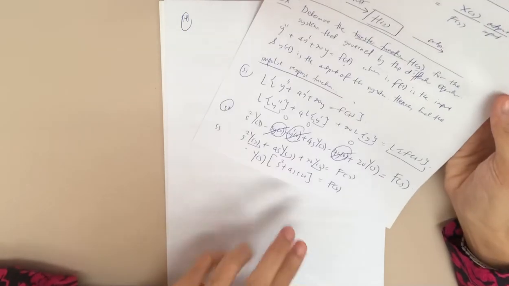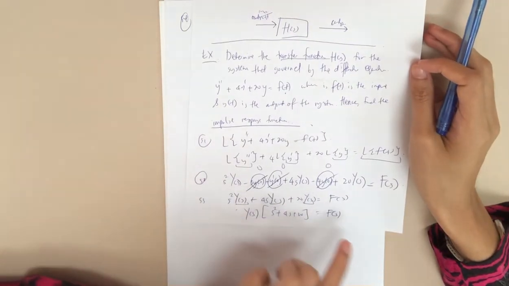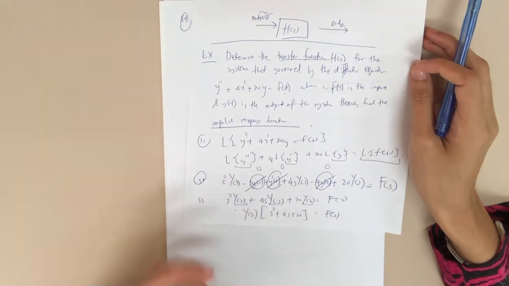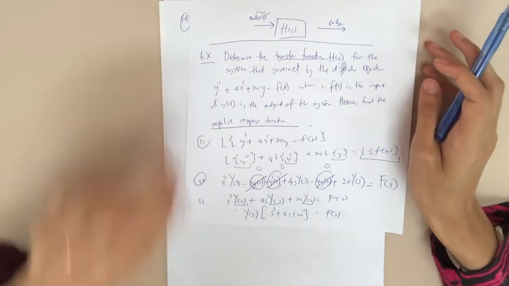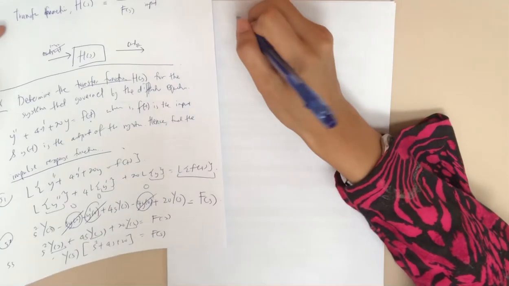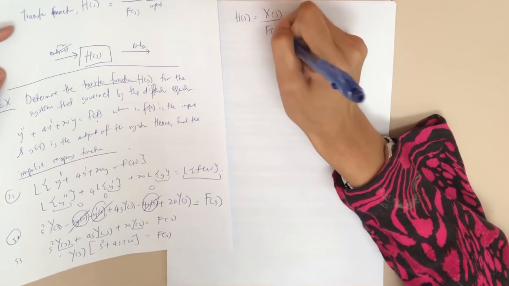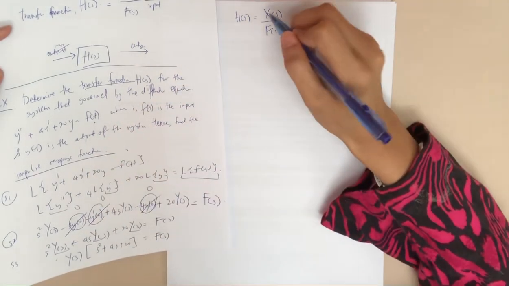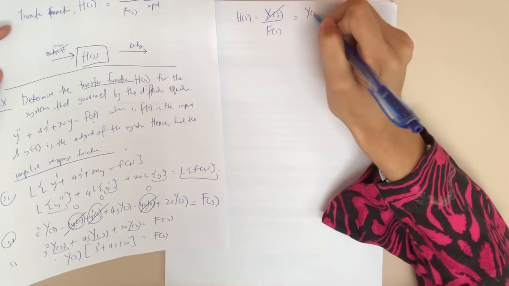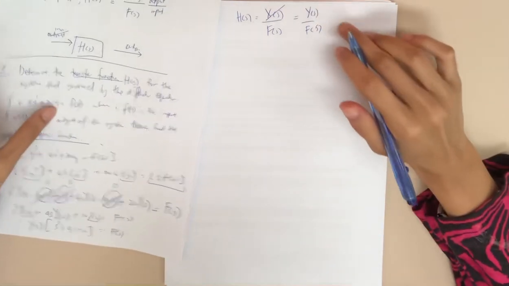So now we can see from step number 3, we have Y(s) here and we have F(s). So how to get our H(s)? Because we want to find H(s), and we know that H(s) is equal to X(s) over F(s). In our situation now, it is not X(s), it will be Y(s). So how to get H(s)?